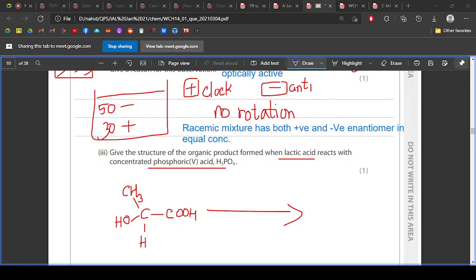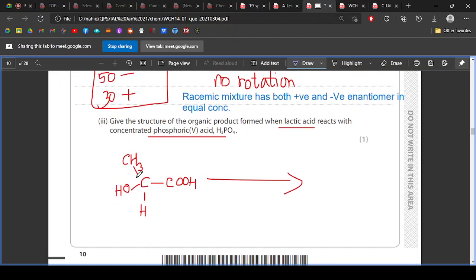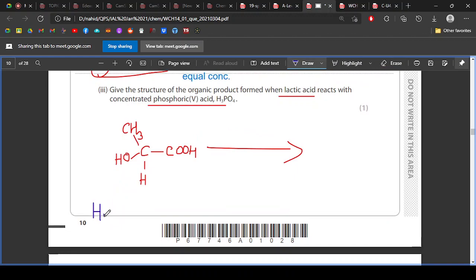This is an alcohol. If you notice a bit closely, this compound has both an OH group and a carboxylic acid group. So it's an alcohol and at the same time a carboxylic acid. These types of compounds, we usually name them hydroxy carboxylic acid, because they have an OH group and a carboxylic group, so this is the type of compound that they are.